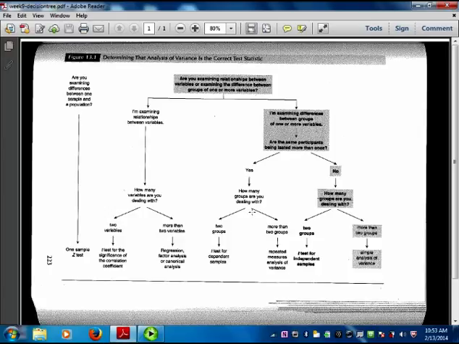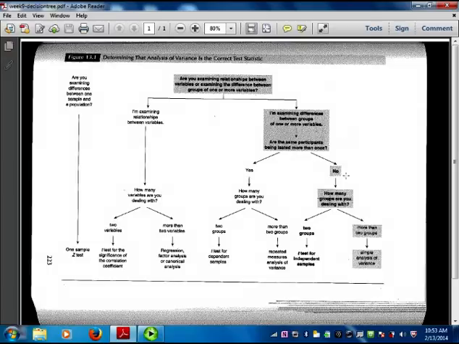If the same people are being tested more than 2 times, 3 times, 4 times, 5 times, you go to the right arrow here, and you use repeated measures analysis of variance.